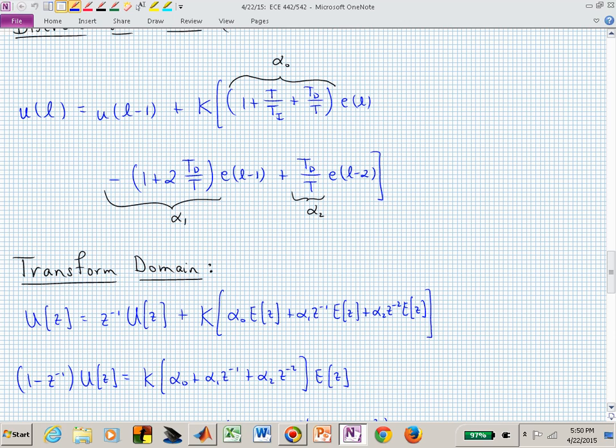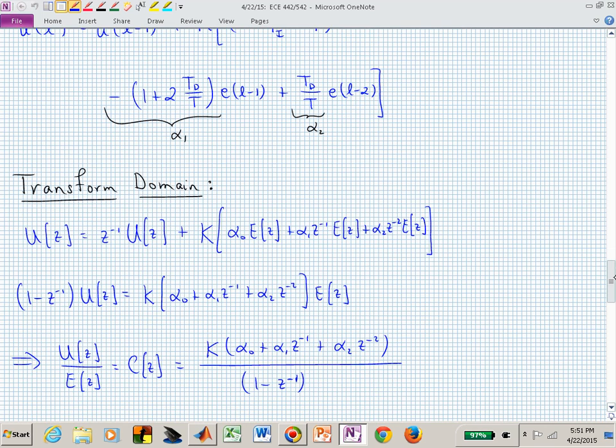We can pull the capital U's to one side, giving us 1 minus Z to the minus 1. We can factor out the E that's common to all three terms, the P, the I, and the D piece. And now I simply have a second order polynomial in Z to the minus 1 and a first order on the left.